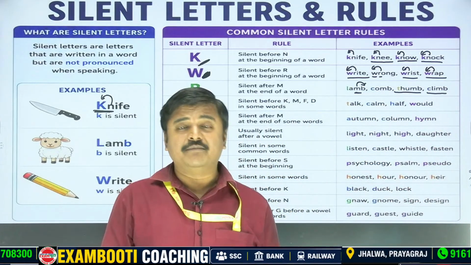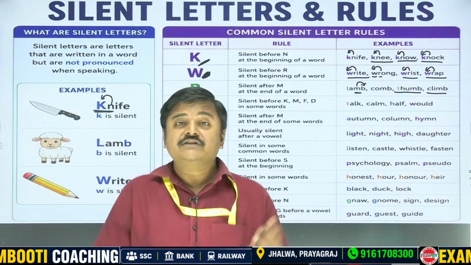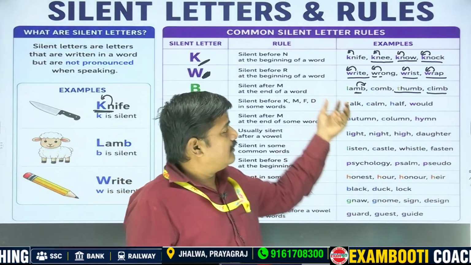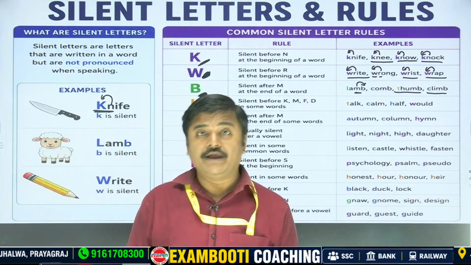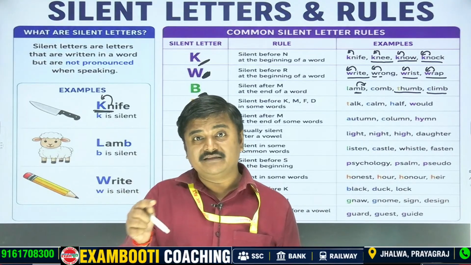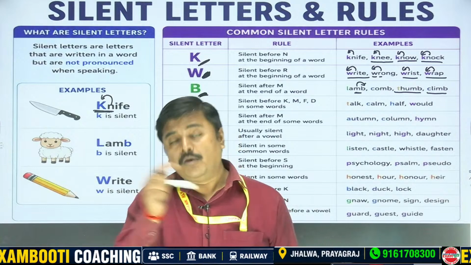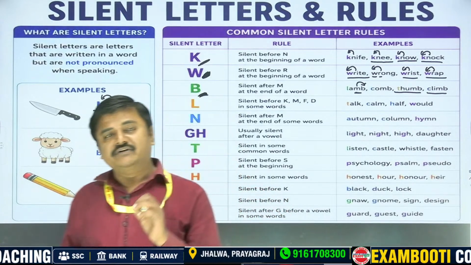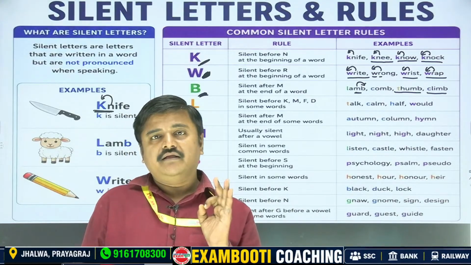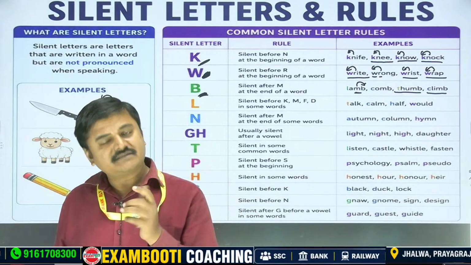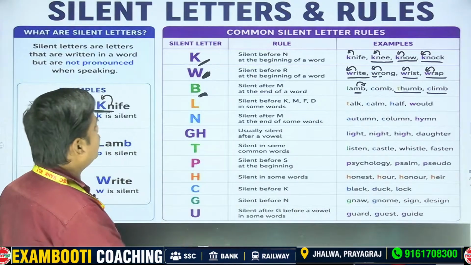This is climb with a silent B. And there are so many words like bomb, B-O-M-B, with a silent B. So whenever B comes just after M, B is silent. This is the third rule.